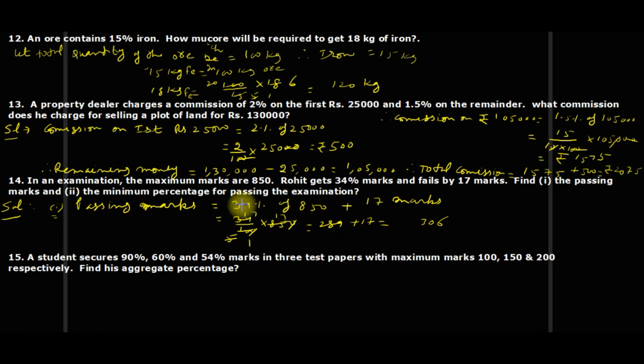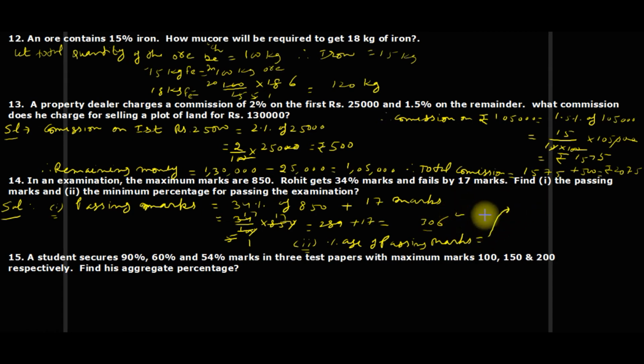Now the second question is the minimum percentage for passing the examination. So we will convert it into percentage. Therefore percentage of passing marks would be, I am doing here.